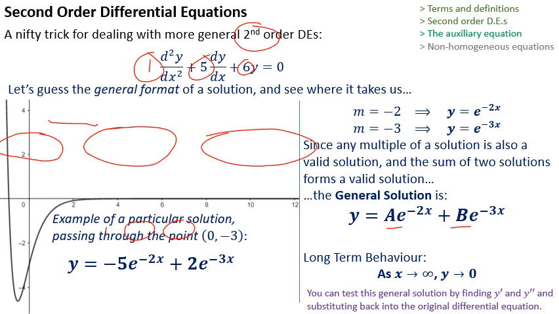We can see for this particular example, and you can test it for other examples as well, regardless of what it does early on, the long-term behavior will always be the same. As x tends to infinity, y will tend to 0. And of course, you can check your solution in general by finding the first and second derivatives and substituting back in the original equation.